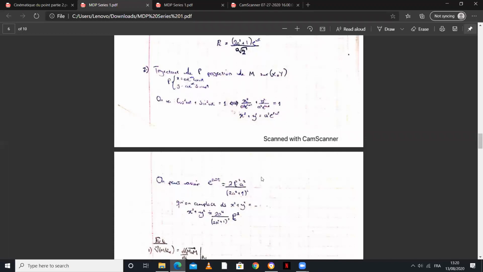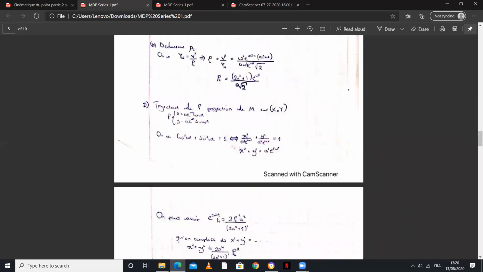So what we're going to try and do now is introduce the radius on the right side of the equation. They are telling us on peut avoir exponentielle de 2 oméga t égale à ça.